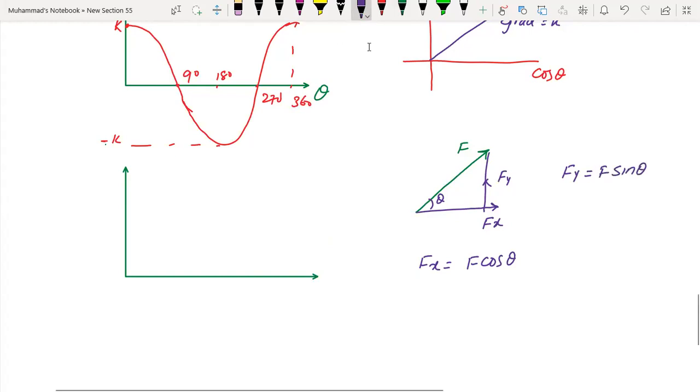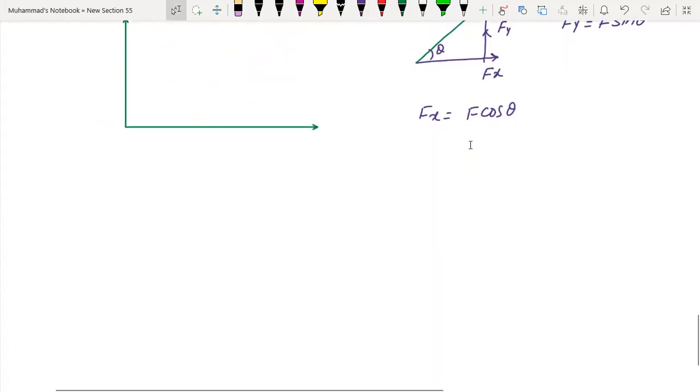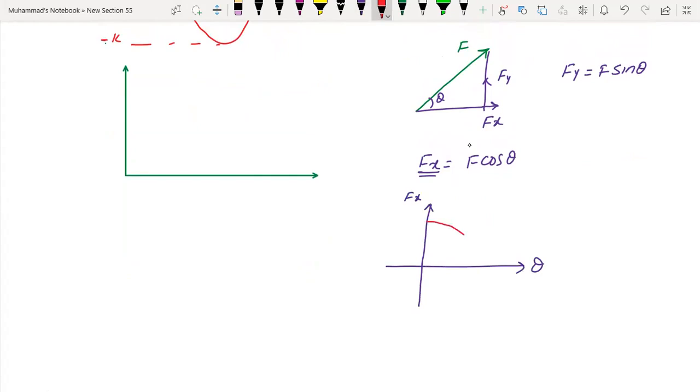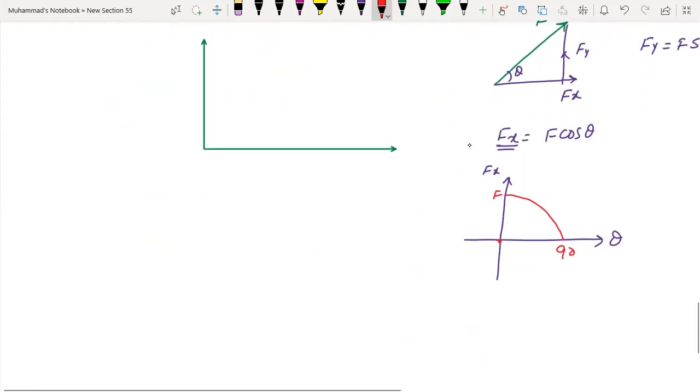So in an exam, I have seen a paper where he asked the relationship between Fx versus theta. So the x component versus theta, as theta is varied from 0 till 90, Fx would decrease to 0. And this value will be F.